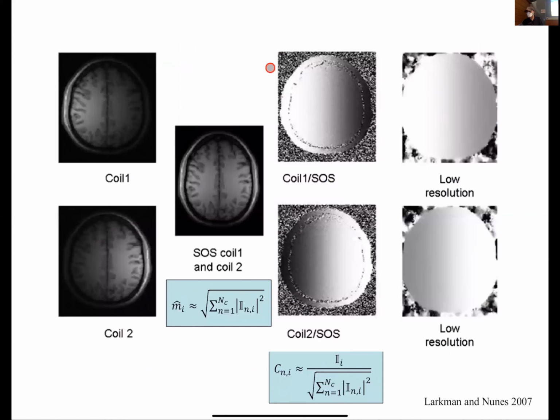Even here you're seeing there's a lot of stuff out here, so it's not perfect. But typically if you have artifacts, they'll be in all the coils, and so you're no worse off than if you just have one coil.